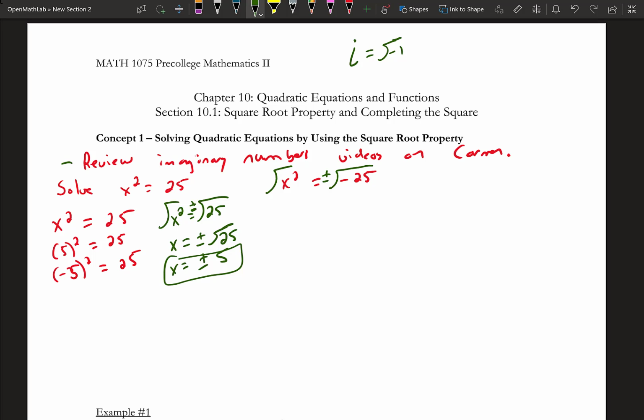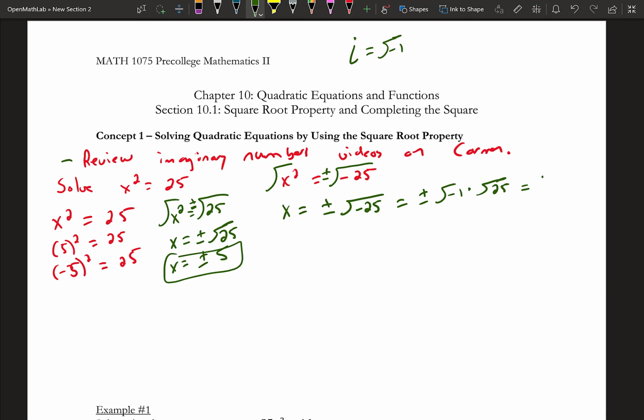So what we end up getting is x equals plus or minus the square root of negative 25, which equals plus or minus the square root of negative 1 times the square root of 25, just splitting that apart using the multiplication property of radicals.